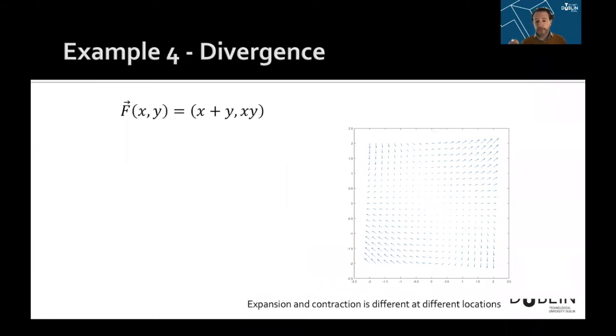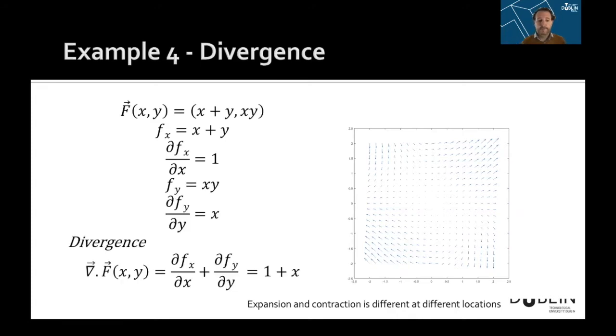Fx is x plus y, and we take the derivative of this with respect to x, which just gives us 1. Fy, the y direction component, is a combination of x and y, xy. The derivative of that with respect to y is x. So now our divergence is 1 plus x.